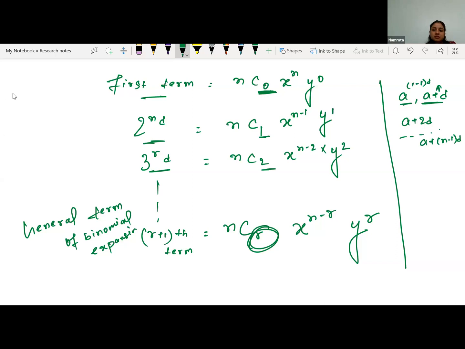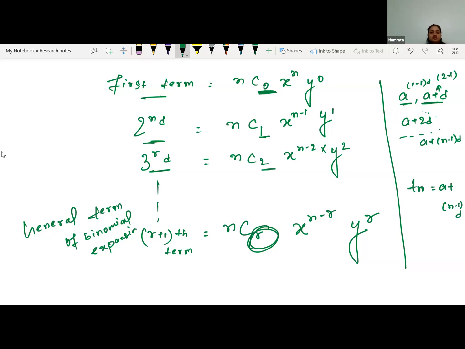The second term is (2 minus 1) into d. The third term is (3 minus 1) into d. Similarly, we figured out that the nth term will be a plus (n minus 1) into d. And from there, you have got a formula.